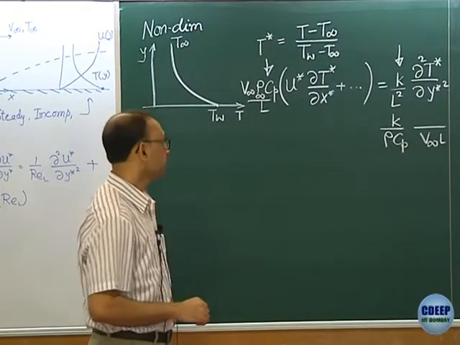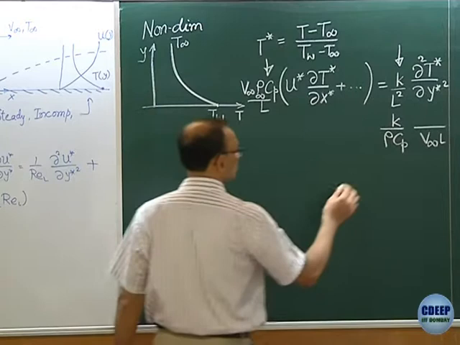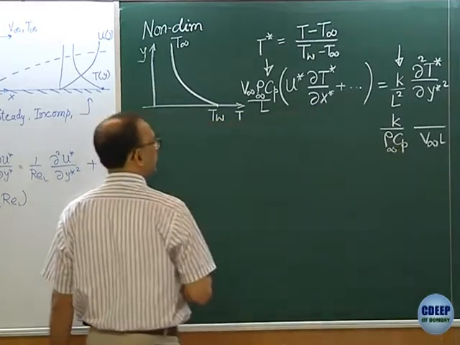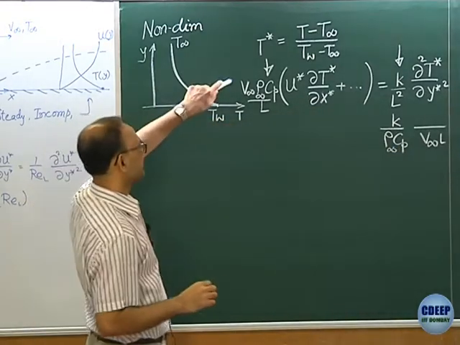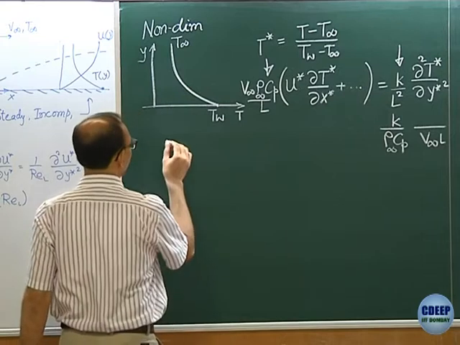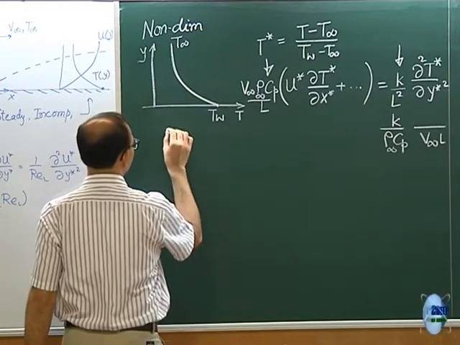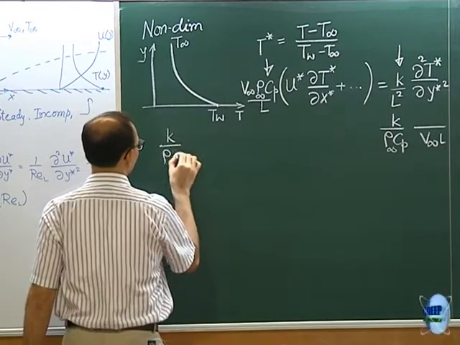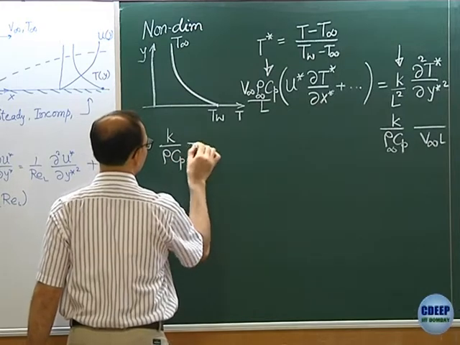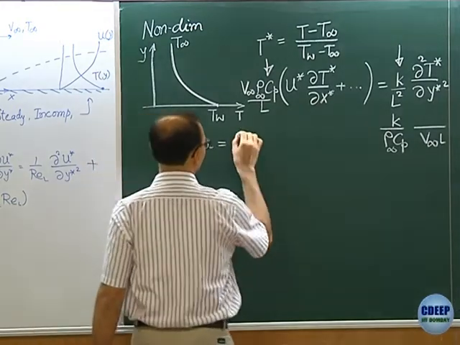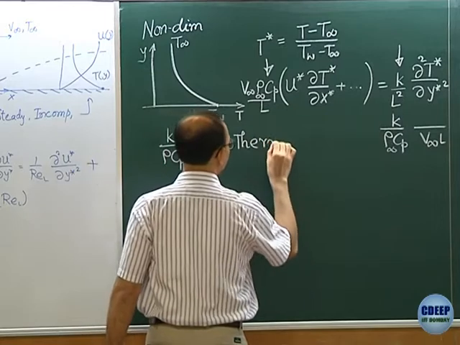Let's call it rho infinity, and somebody tell me if this equation is correct or not. And K over rho Cp is a new parameter called thermal diffusivity.